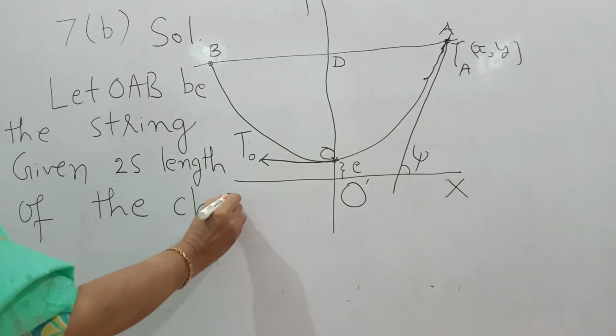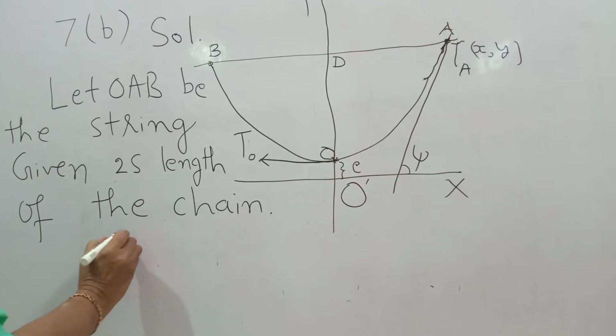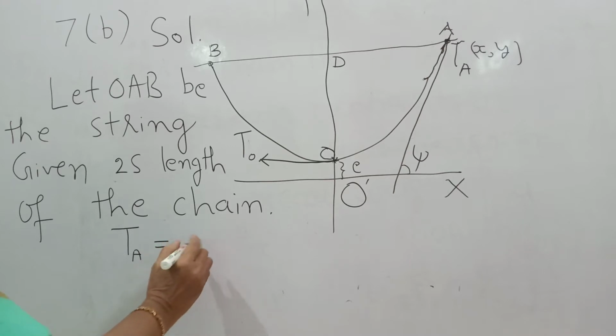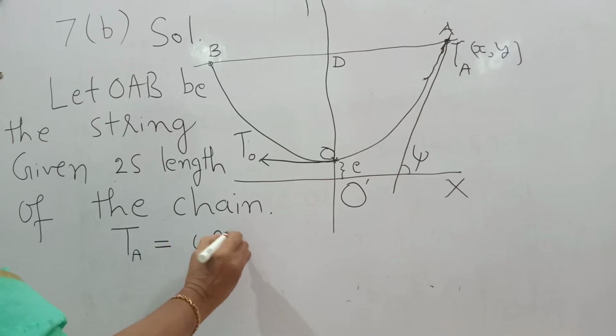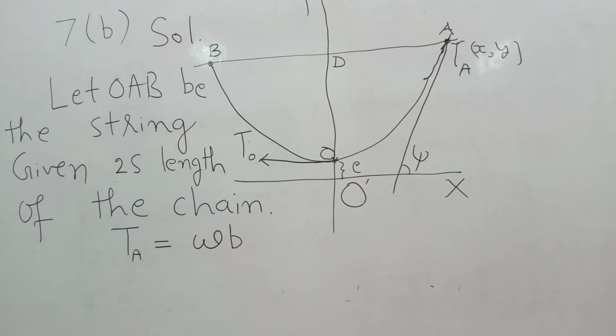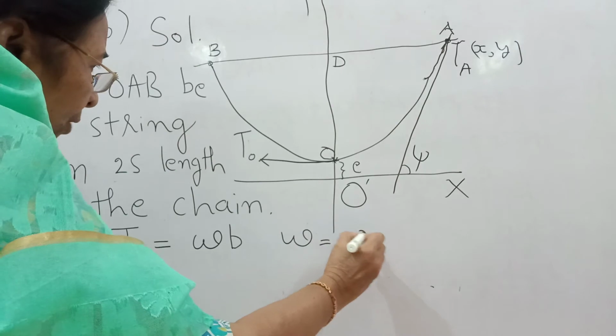What else is given? The next thing given is the weight of length b. Tension is given at A. Tension at A is equal to the weight of length b. So this W is weight per unit length.